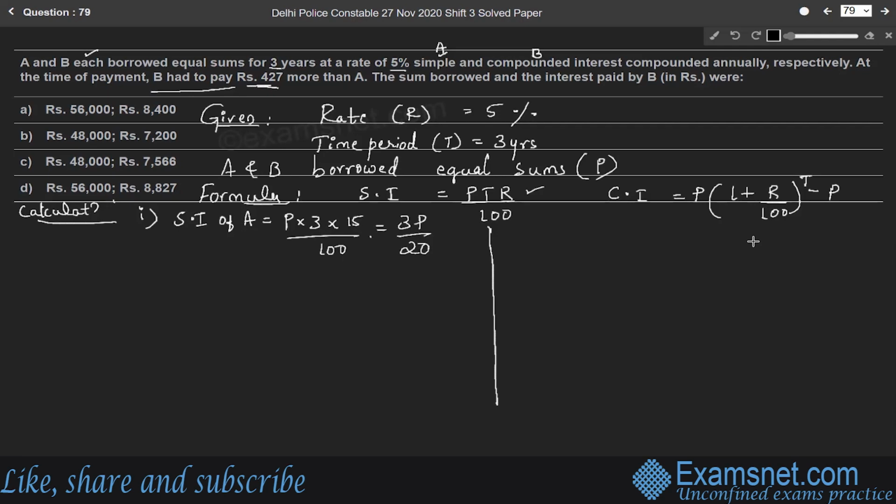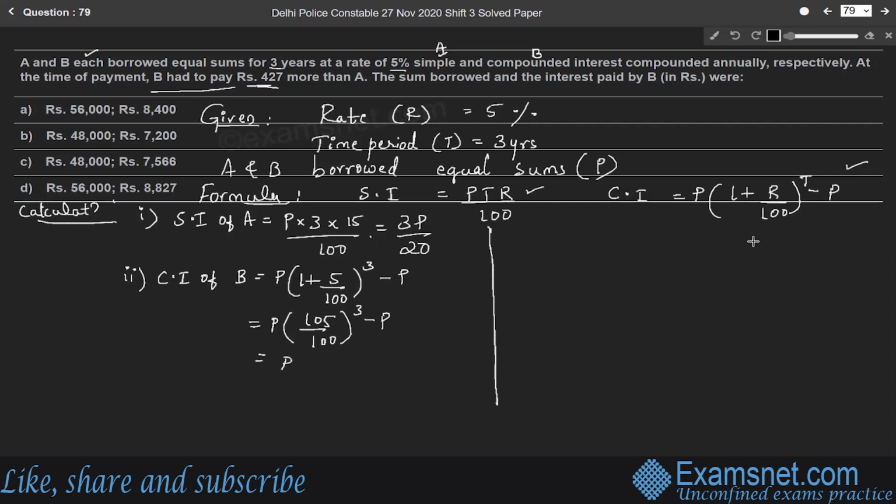And also the compound interest paid by B. So compound interest of B is equal to, according to the formula, principal amount into 1 plus rate of interest 5 by 100 to the power of 3 minus principal amount, which is equal to P into 105 by 100 to the power of 3 minus P.